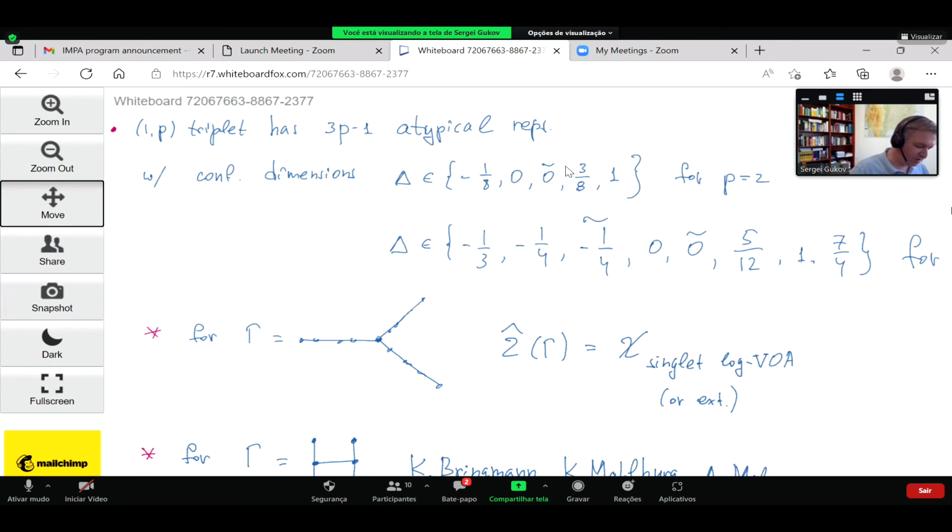And what they found is that this invariant, this corresponding Q-series for this particular gamma, is a high depth mock modular form.